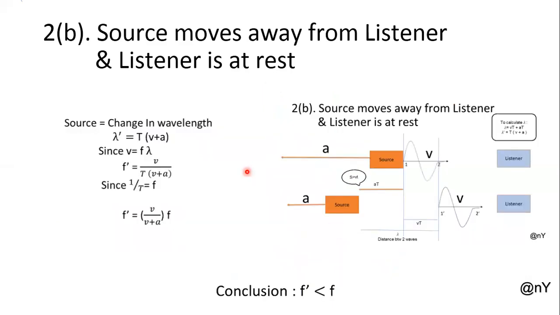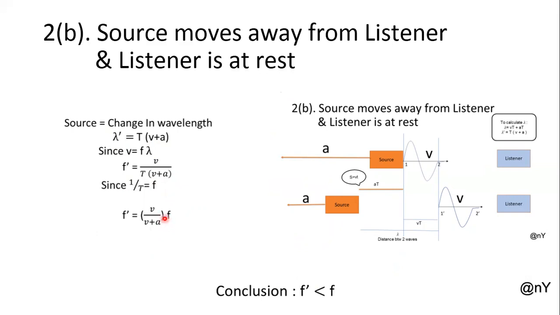And so to find the apparent frequency, we have the same concept. F is equal to V upon lambda. Here the lambda, that is the wavelength, we have changed because the source is moving. So T(V plus A). We've already discussed that the reciprocal of time period is equal to frequency. Therefore, V upon V plus A bracket into F will be the apparent frequency.